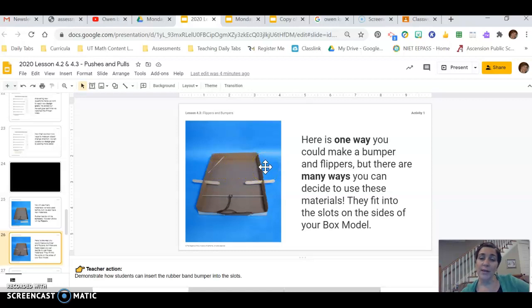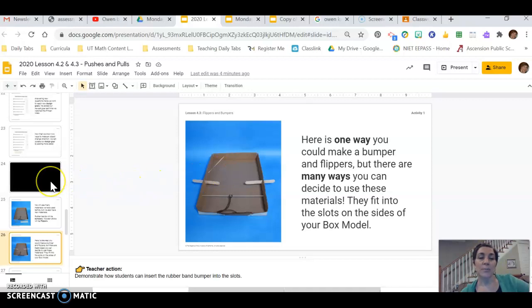I want you to think about where you would like to put bumpers on our box model, because then what's going to happen is we're going to hit the ball, and the ball's going to come and hit these bumpers. It's going to hit the rubber band, and when it hits the rubber band, it's going to cause the ball to change directions, okay?